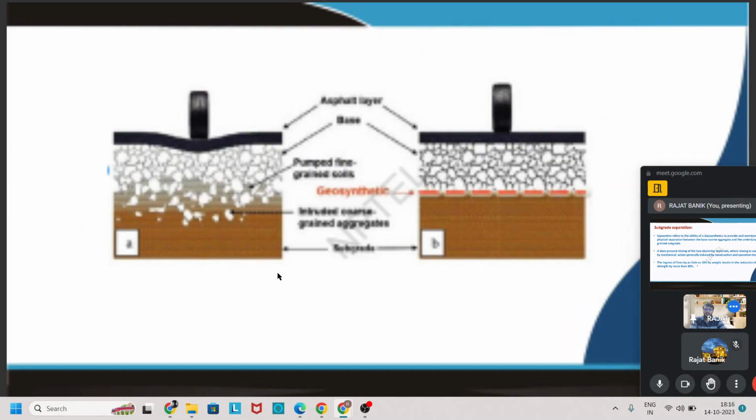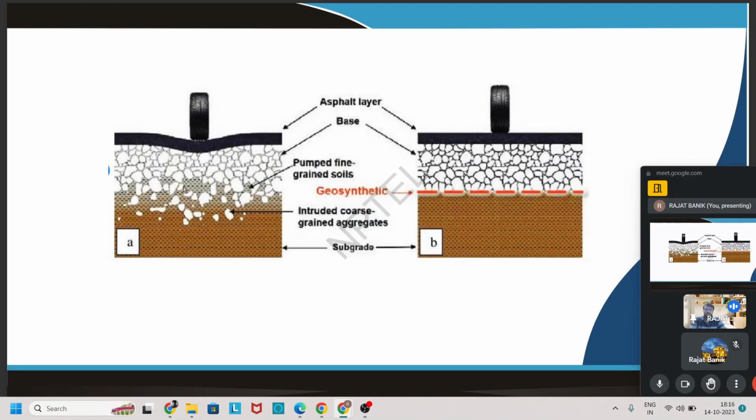You can see that without the geosynthetic material, the pavement may bend and get damaged. With geosynthetic material, the pavement thickness makes proper contact with the ground, and the load can distribute properly.